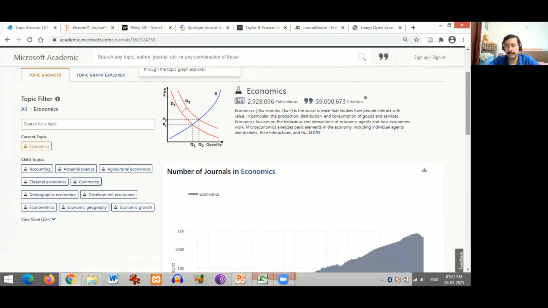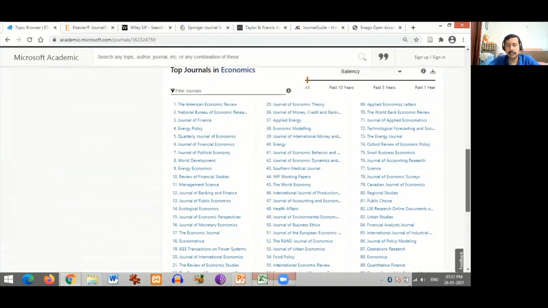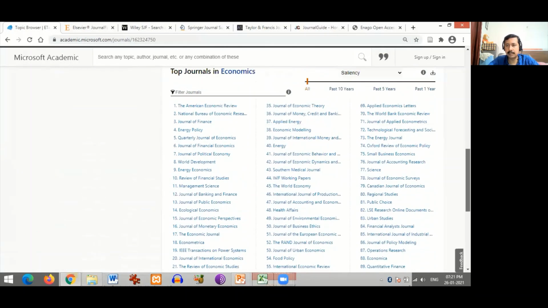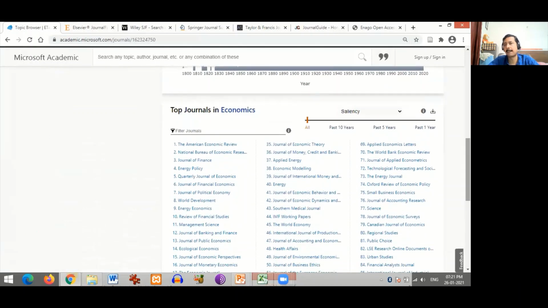So I find top 100 journals in economics as indexed by Microsoft Academic. So this service can also be used by authors for selecting high impact journals for submission of their article. These are all journal sources which can help you find high impact journals.